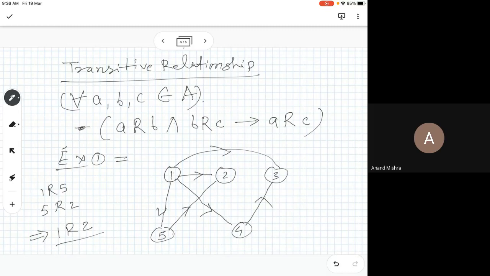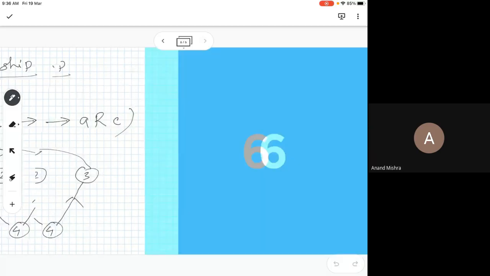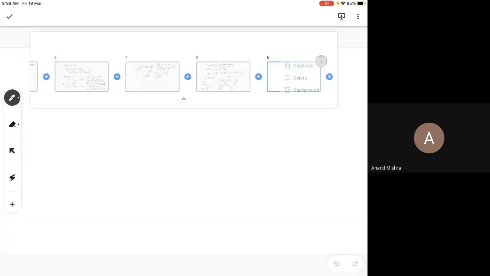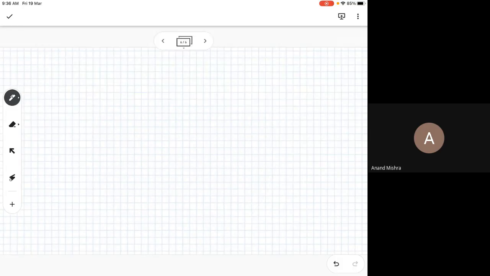Another way of representing relations: we have seen the graphical way of representing a relation, but another way is actually equivalent to the graphical representation, using the Cartesian product. So you have A, which is the set of things where you are defining the relationship. Let's say it has 3 numbers.